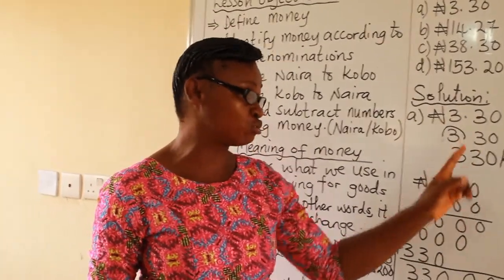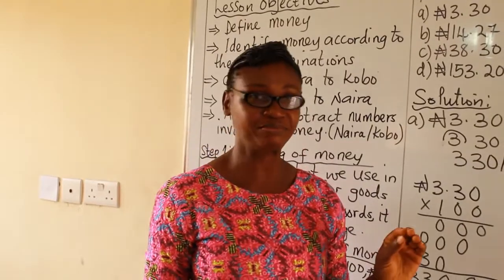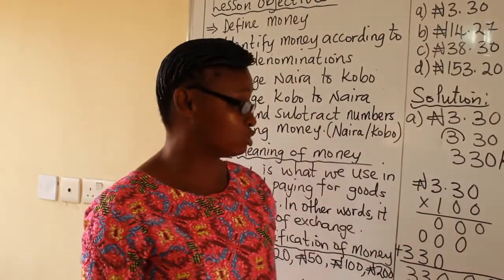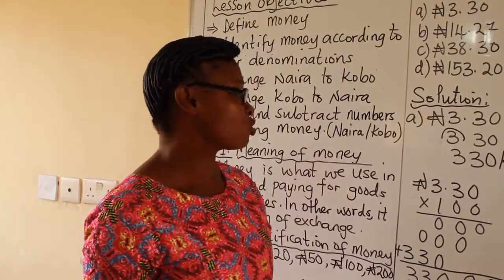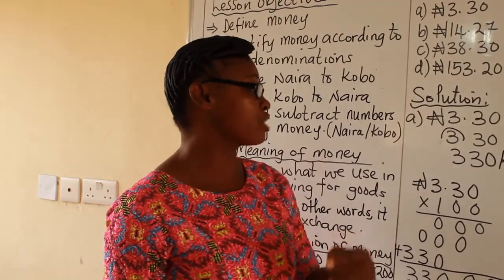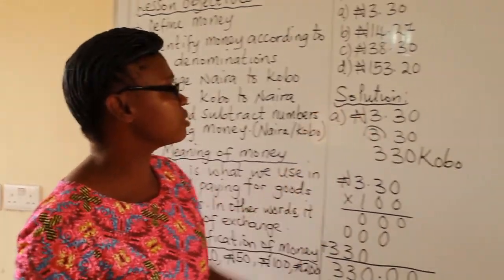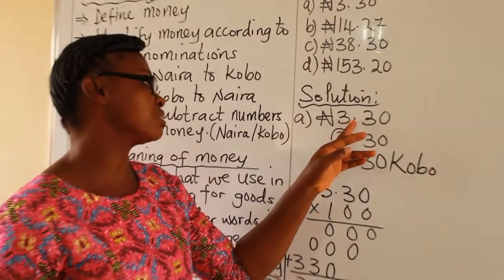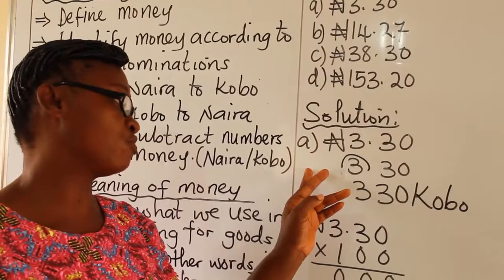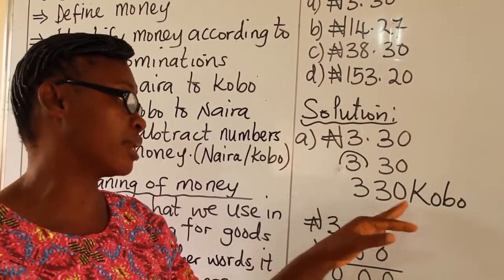But it is good for you to know the two methods. So if you are fast enough, because I know that you are very intelligent, you can do this, because they are very simple. You just move your decimal point further to the front, and then your number becomes 330 kobo.